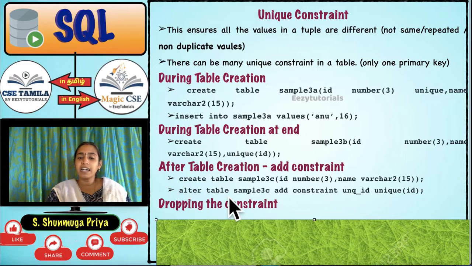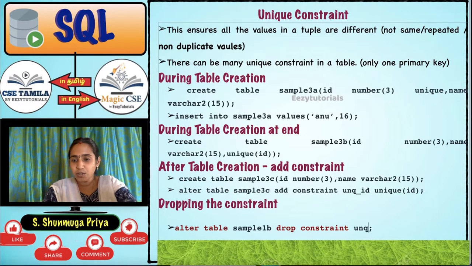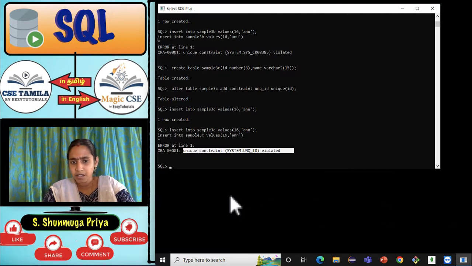Next, how to drop this created constraint. If you create a constraint using add constraint, you will be able to drop it at any point as well. For that you have to use alter table, table name, drop constraint, and the name of the constraint.